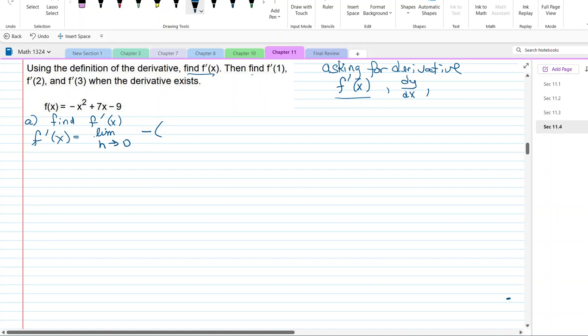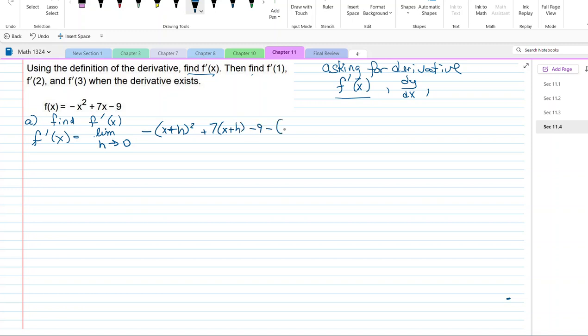So I'm going to have negative x plus h squared plus 7 times x plus h minus 9 minus the original function, all divided by that h.